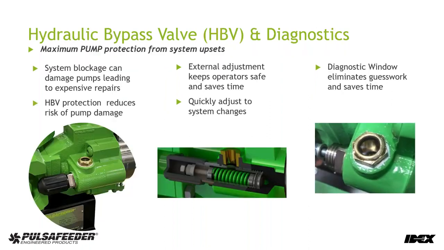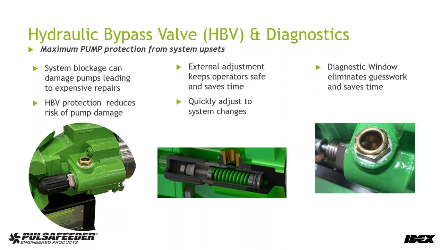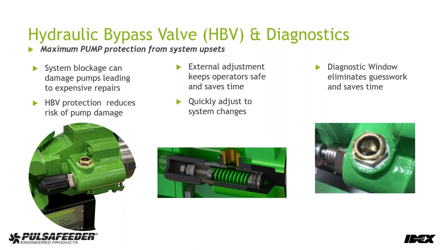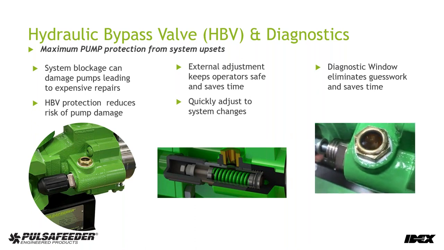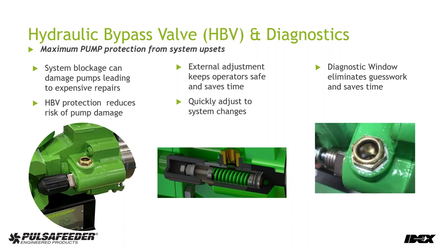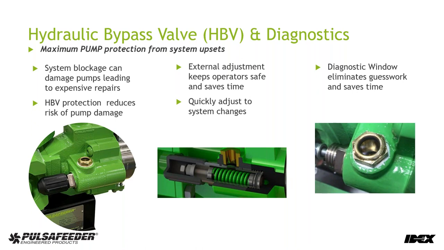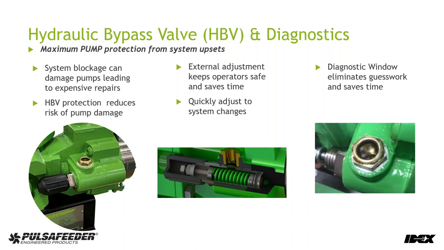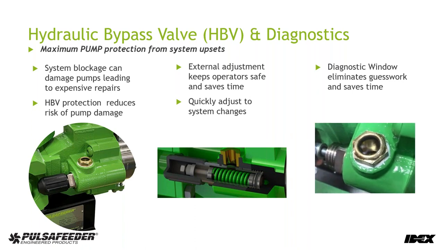The hydraulic bypass valve is used for protection of the pump. I want to really emphasize it protects the pump from system overpressurization. It not only protects the front end of the pump, which is where the hydraulics are, but it also protects the gear train.